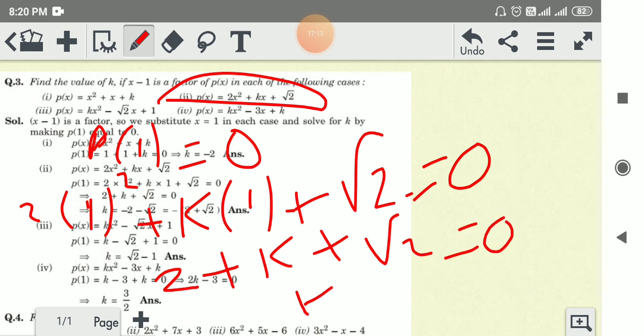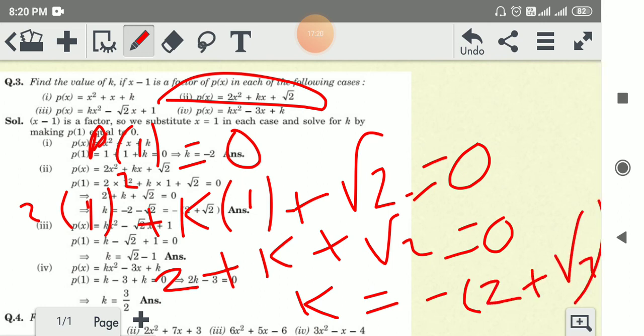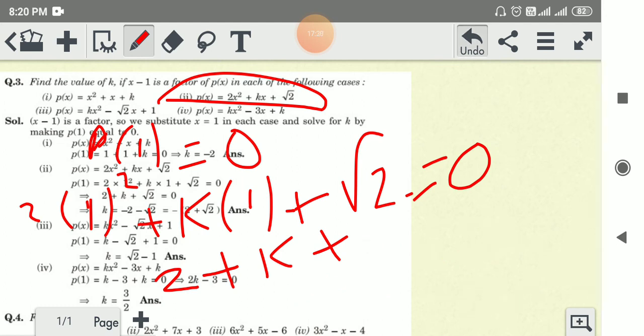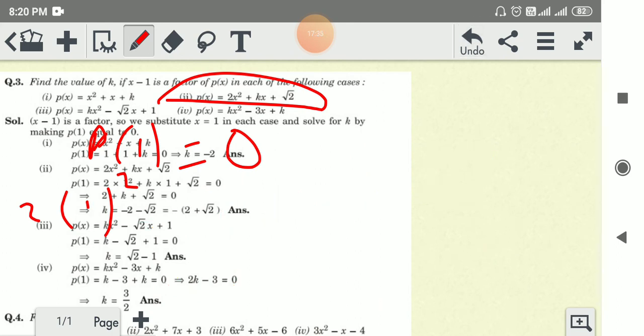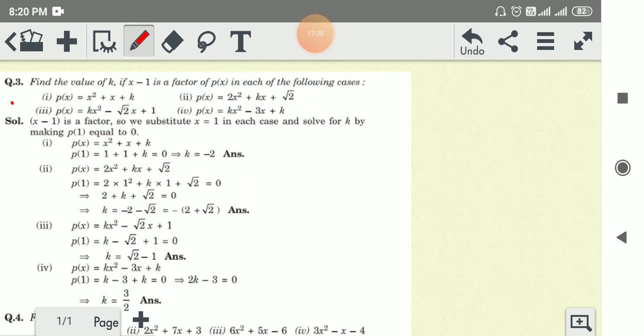Again k is equal to -2 plus √2, taking minus common. Okay, this is the value of k. Same as question number 3, part 3rd and part 4th. You have to solve in your copies part 3rd and part 4th.